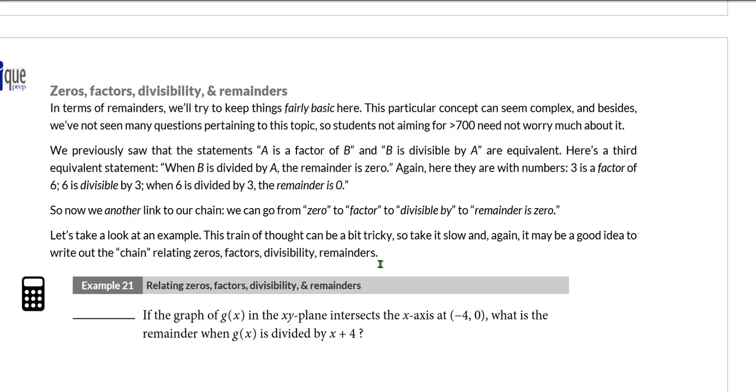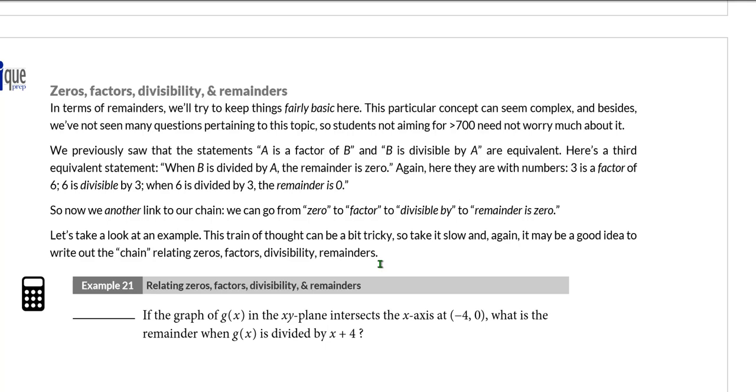There was one question that showed up a long time ago. If memory serves me correctly, that question showed up on a sample test that College Board released in 2015 or 16 to give students an idea of what the quote-unquote new SAT would look like.